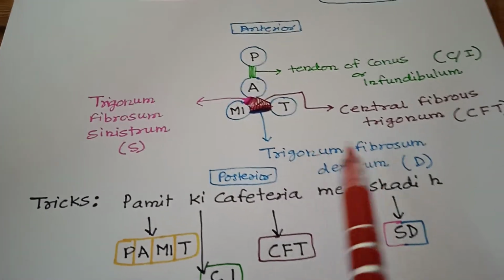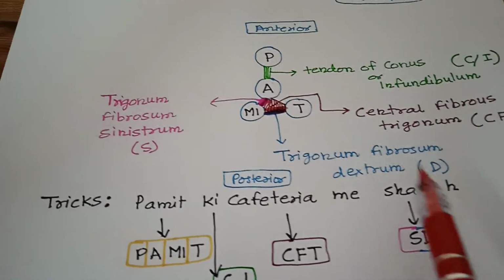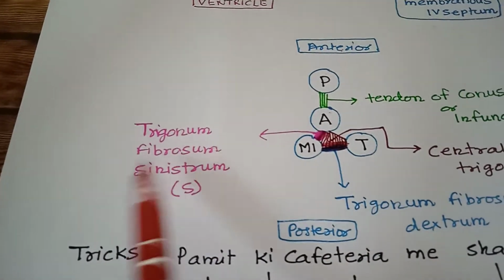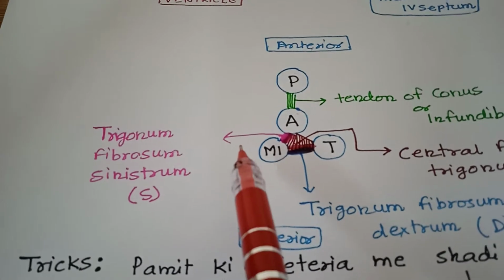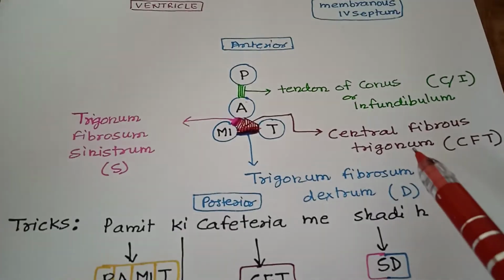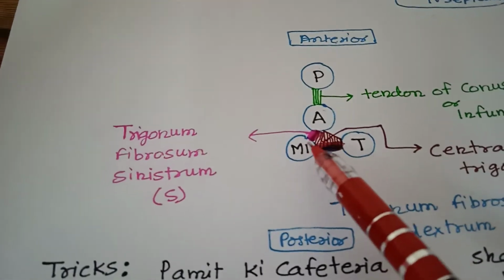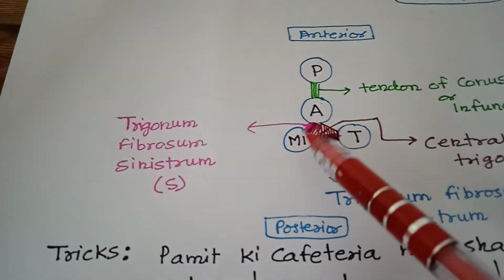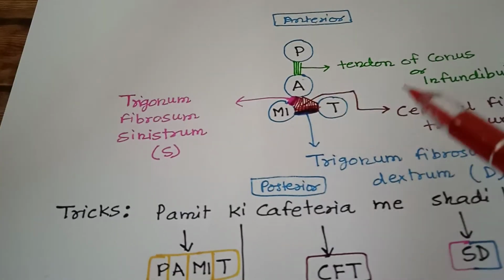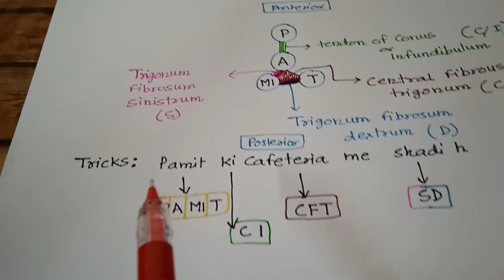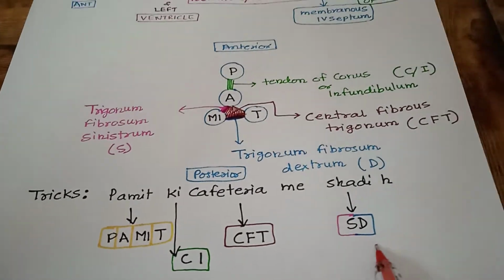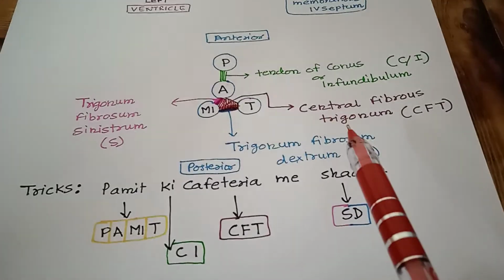So trigonum fibrosum dextrum, D, and this towards the left side is trigonum fibrosum sinistrum, which is obviously part of the central fibrous trigonum, but it connects the aortic and the mitral fibrous rings, in pink color. So Pamit की कैफेटेरिया में Shadi, SD, sinistrum and dextrum.